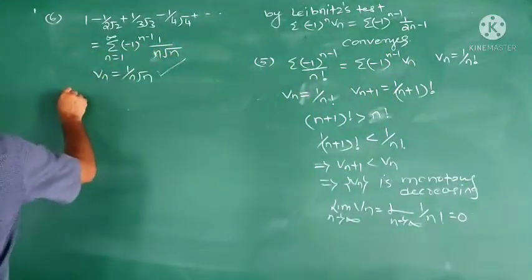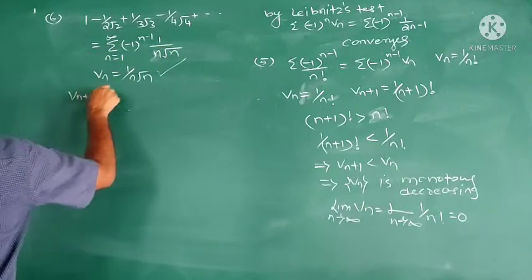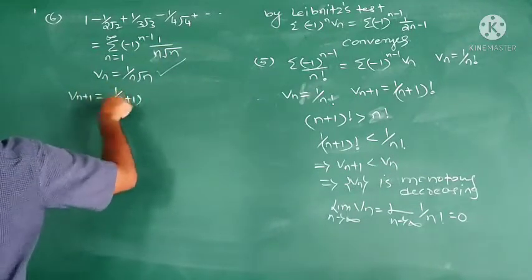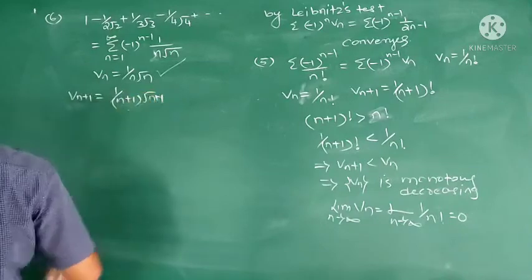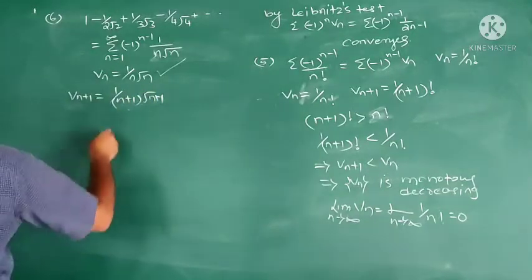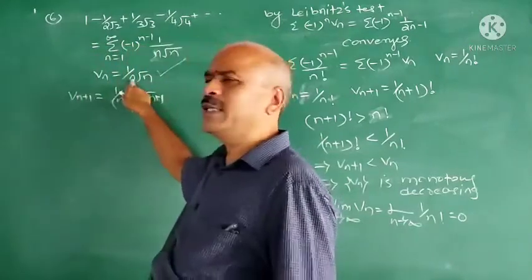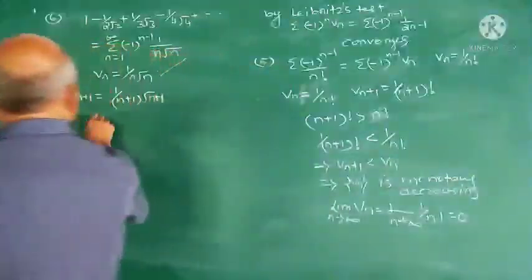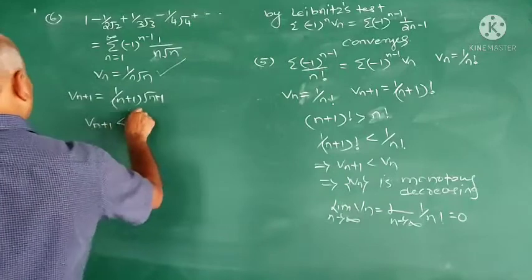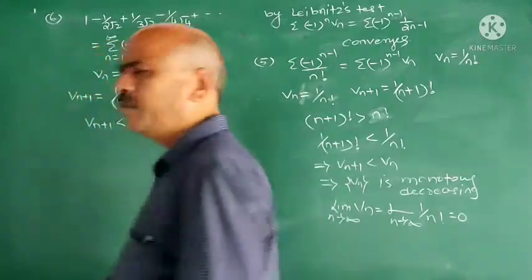So we take Vn plus 1, 1 upon n plus 1 root n plus 1. And you know that n plus 1 root n plus 1 is greater than n root n. Therefore Vn plus 1 is less than Vn for all n.